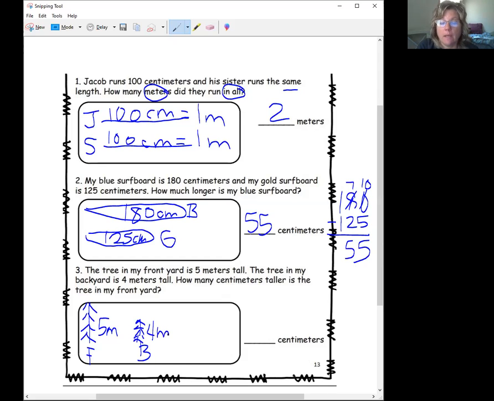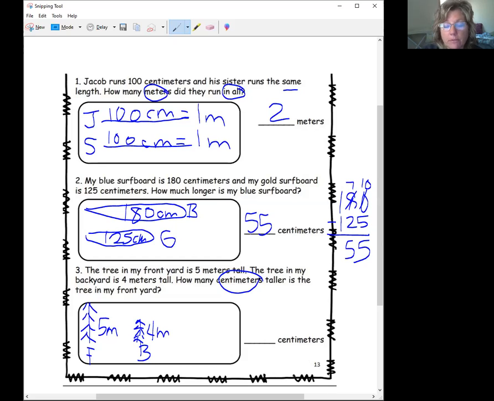Okay. So now I read it. I'm going to read it again. The tree in the front yard was 5 meters tall. The tree in the backyard is 4 meters tall. How many centimeters, ooh, I see a change, centimeters taller is the tree in the front yard? Well, I'm comparing again. I'm comparing the two trees, and I know when I compare, I need to subtract.